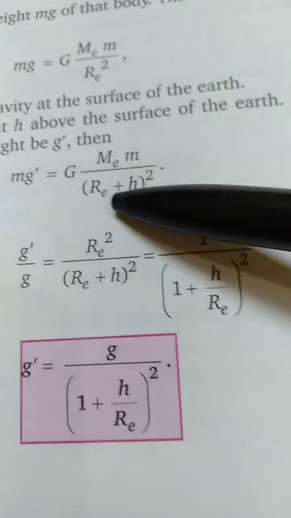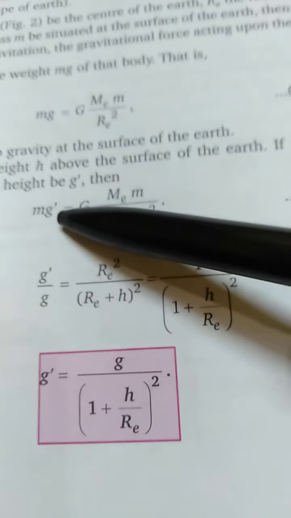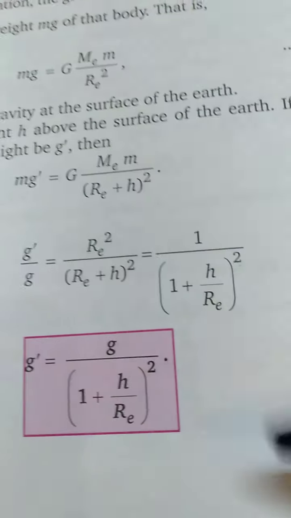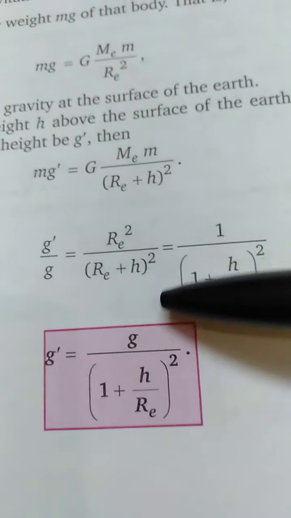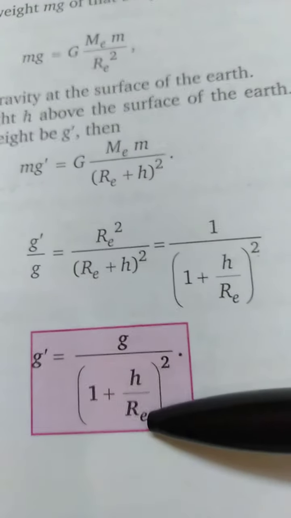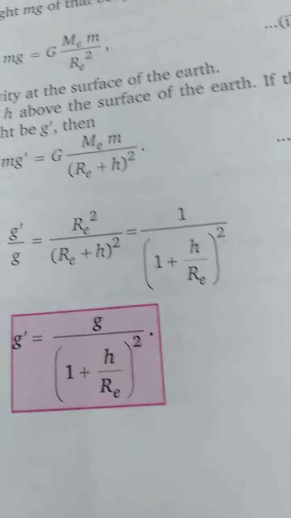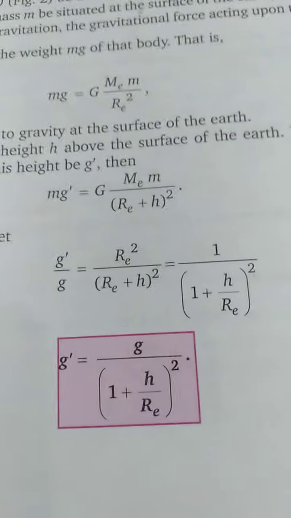If we divide these two expressions, the Mm will cancel, and you get g dash equal to g into 1 plus h by R whole square. So as the height increases, the value of g will go on decreasing. This is the formula.